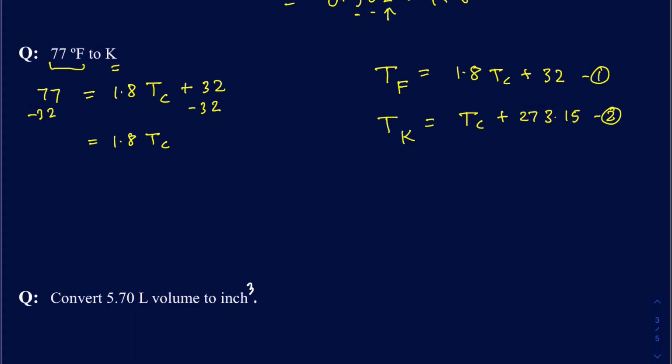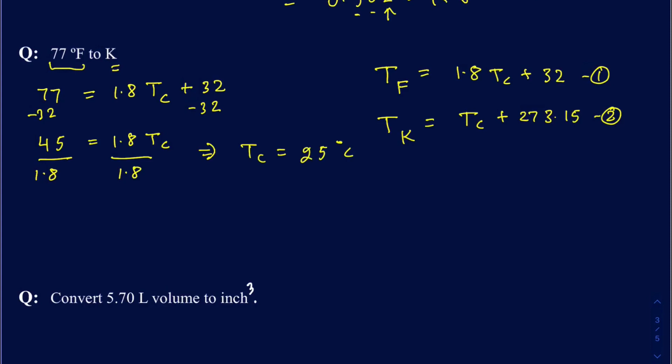minus 32. That's going to be 45, and then you can divide both sides by 1.8. So when you divide both sides by 1.8, the temperature in Celsius comes out to be, okay, 25 here, 25 degrees Celsius.